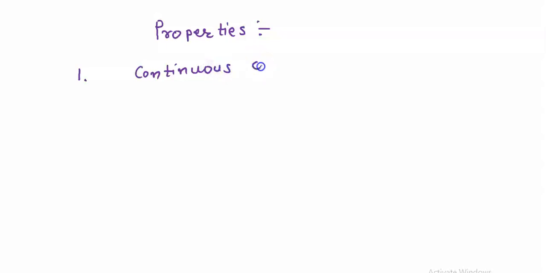Now what does it mean? It means that once they come out of the charge, they will form a continuous path. Continuous means there won't be any break outside the charge.